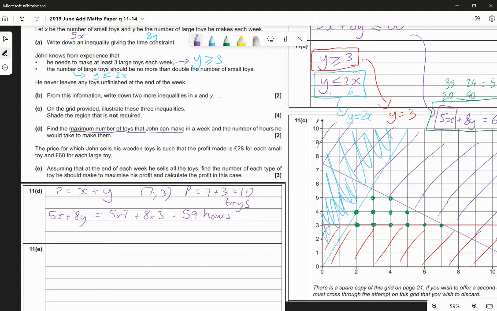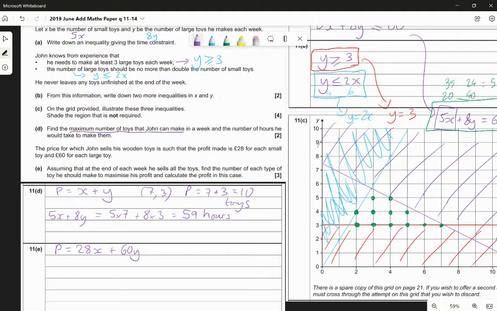And if he sells 7 large toys, then that would be 7 lots of 60, so £420 for that many large toys. So the profit, which is our objective function here, is 28 times every small toy. So there are x small toys, so it's 28x, and 60 times y, so it's plus 60y. That is the profit function.